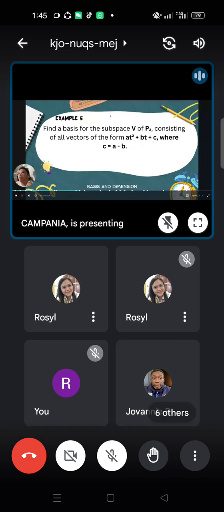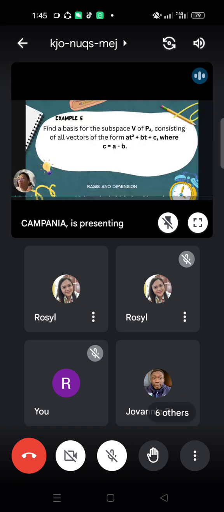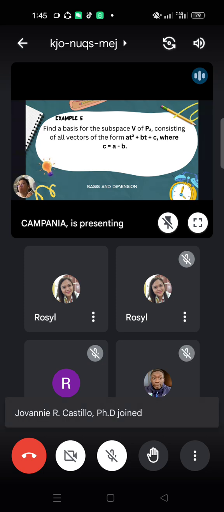Now, another example is we have this one. We are going to find a basis for the subspace V of quadratic polynomials consisting of all vectors of the form at squared plus bt plus c, where c is equal to a minus b.